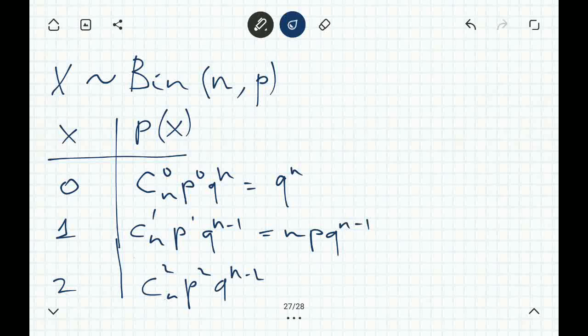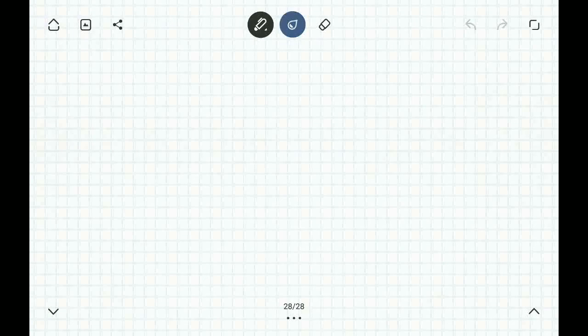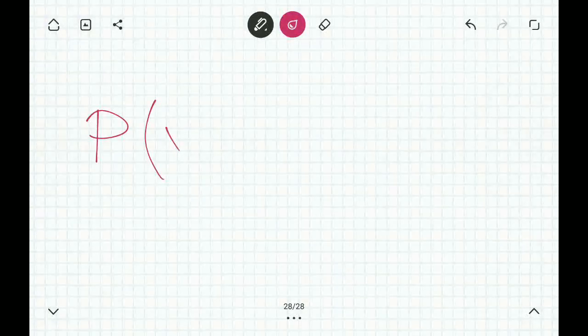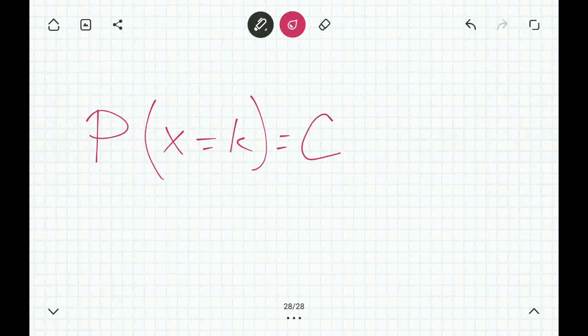Okay, so we have the formula now for probabilities. So let me put it here. P for x equals k is just the number of combinations of k out of n, p to the k and q to the n minus k.